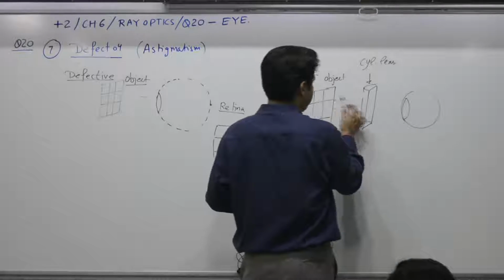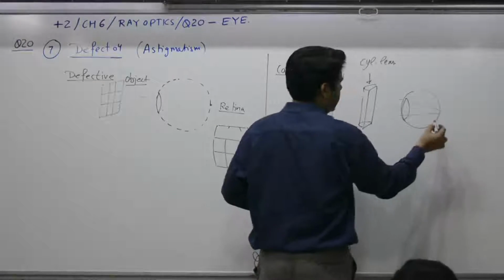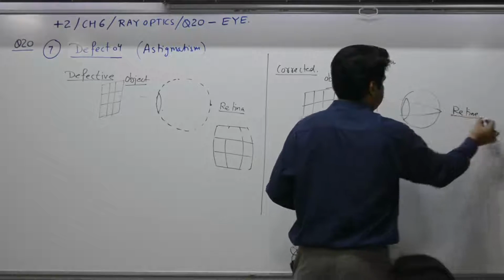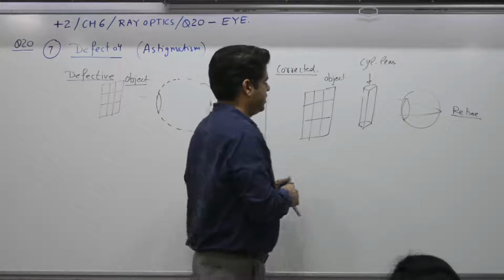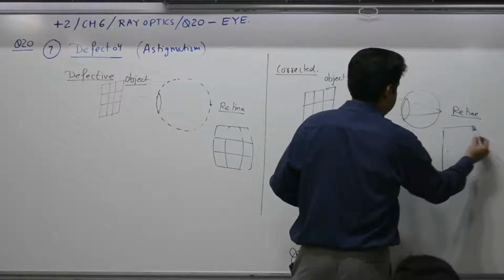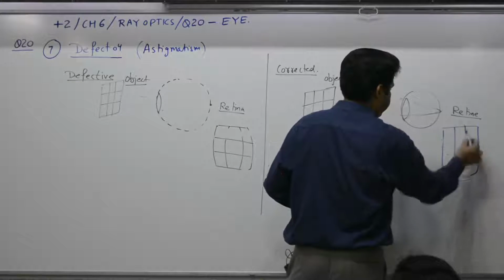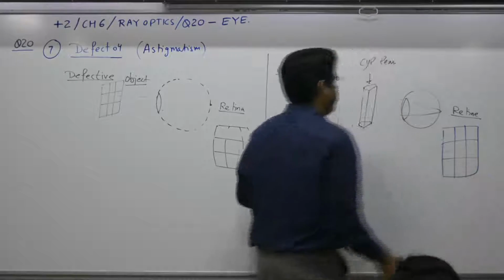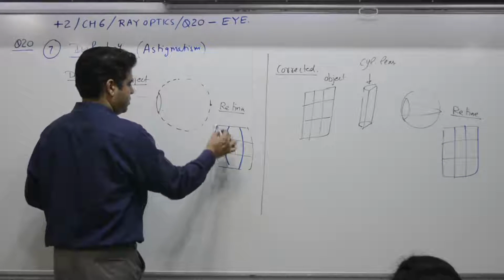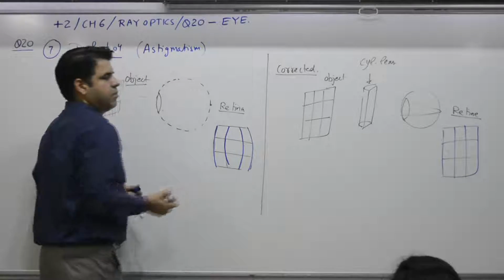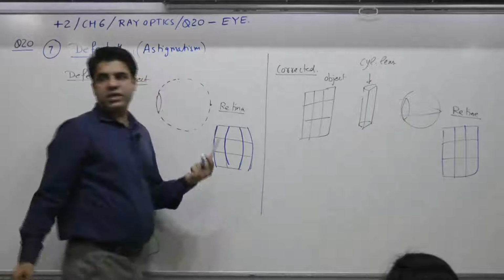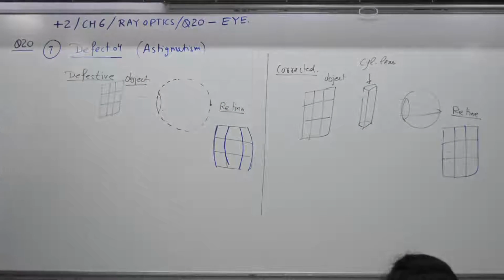Then the image formed on the retina is the same as that of the object. In the previous case this was the problem. If you place a cylindrical lens you can correct it along a different axis.